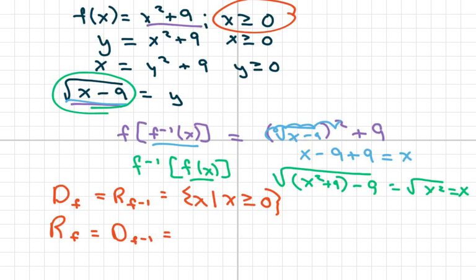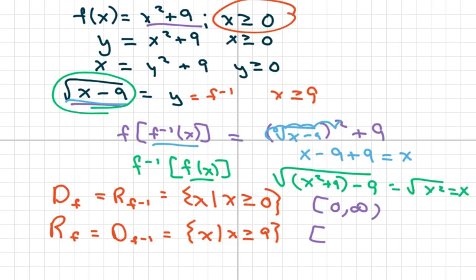So the domain here of f inverse is x has to be greater than or equal to 9. If you don't like writing it this way, you can write it like this: 0 to infinity. You could write it as 9 to infinity, however you like.